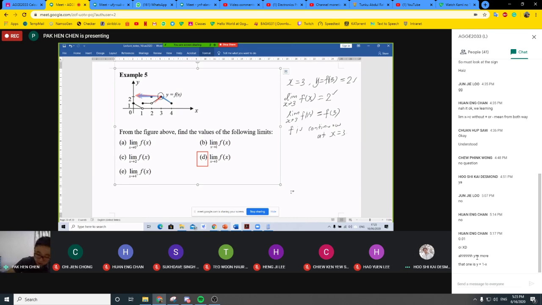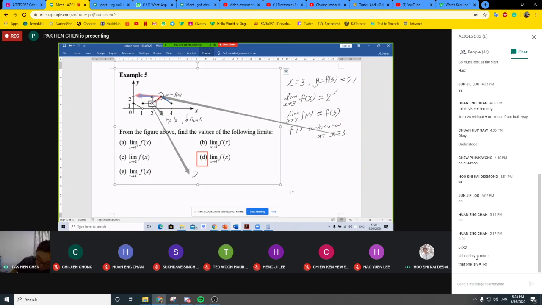Because here we do not have the hole. If we have a hole, that means we have a break. If we have a hole here, we have a break. That means we have a y at a different value compared to this point x equal to 2.